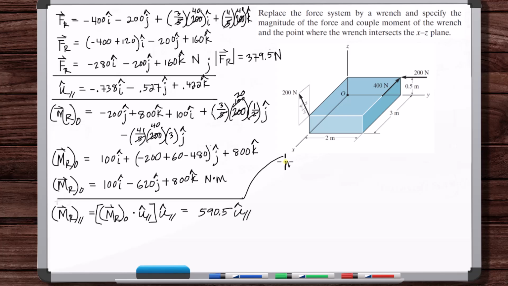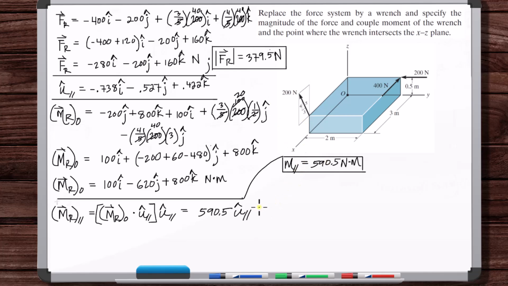The M parallel, this isn't a vector, this is just a magnitude, is 590.5 Newton meters. And also this force is another part of the magnitude of the force and the couple moment. So we've got these two parts of the answer.